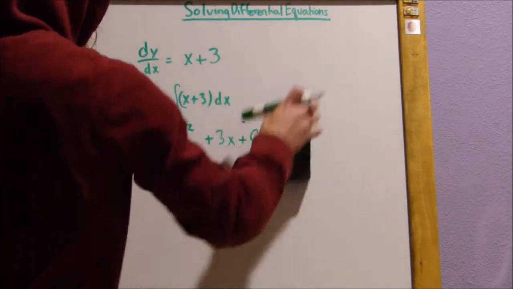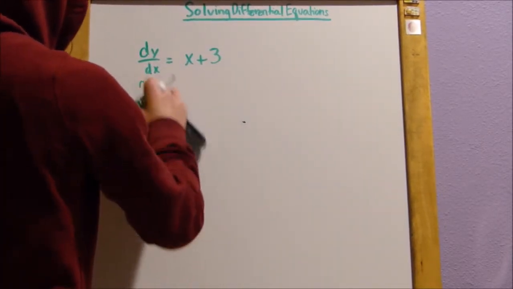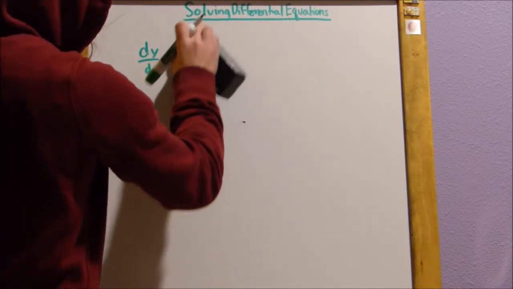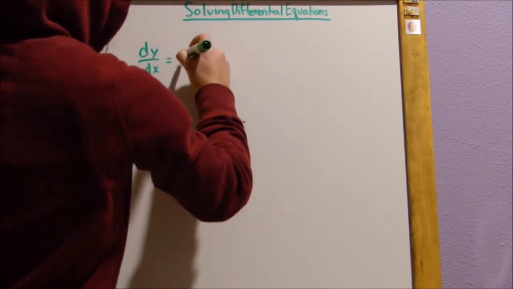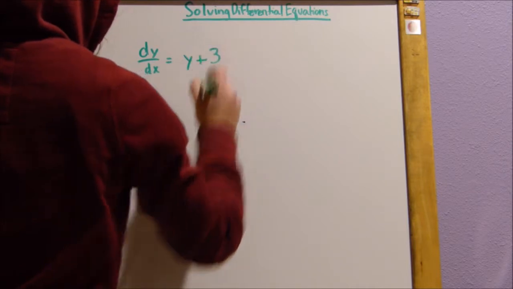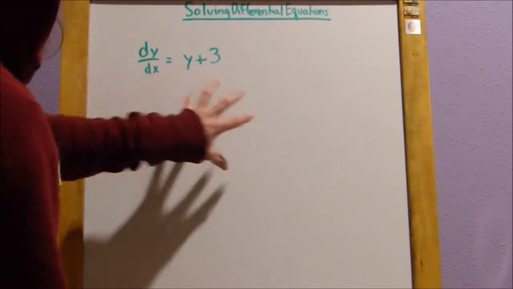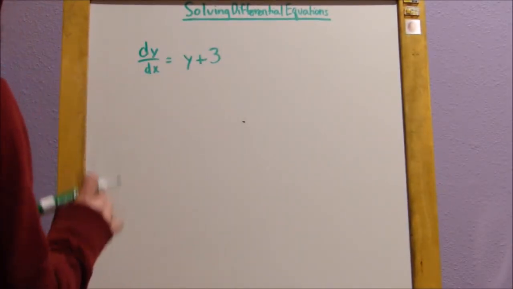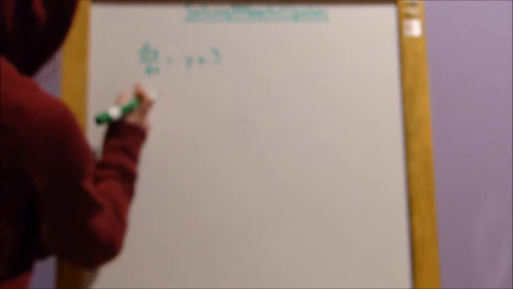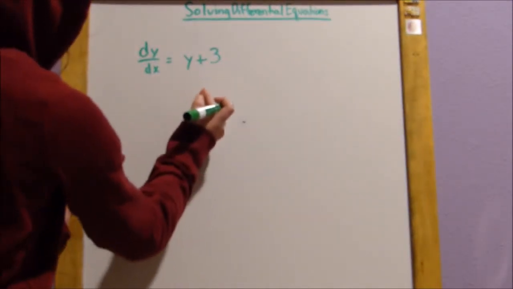Now let's try one where we don't have an x here. Let's say we have y plus 3. Okay, so now we have a dy here and a y here, and a dx here, but no x anywhere. So what we're going to have to do is, I'm going to choose this side to be the y side and this side to be the x side.